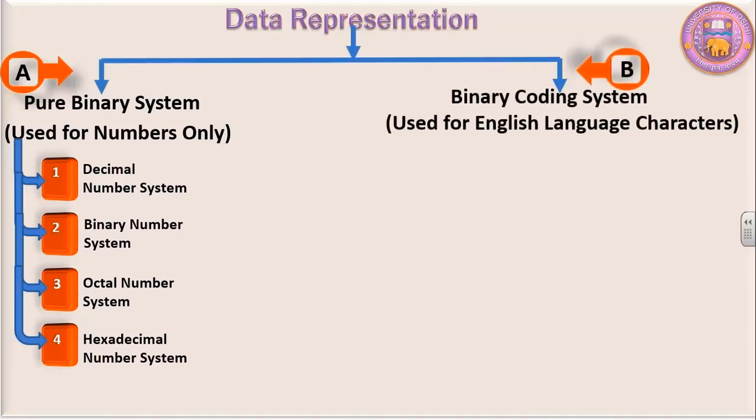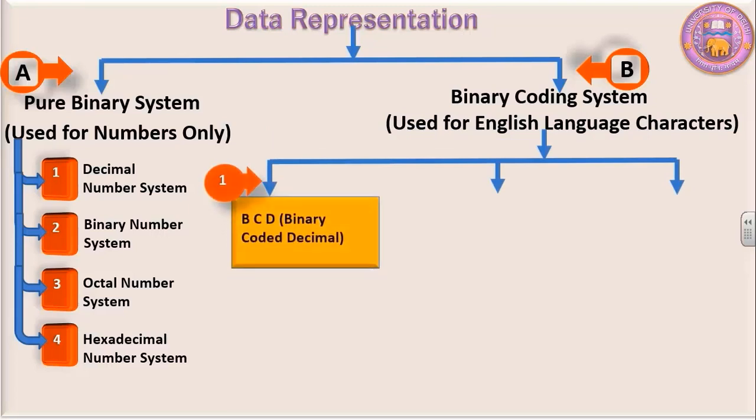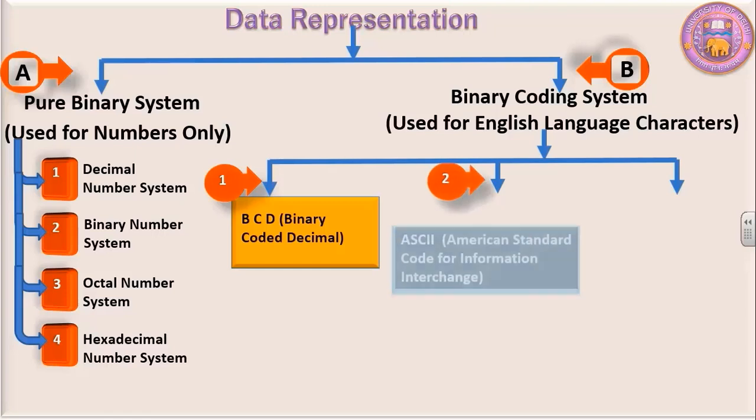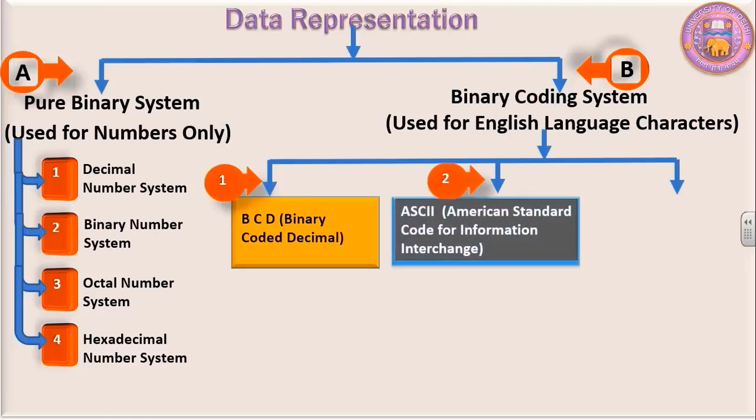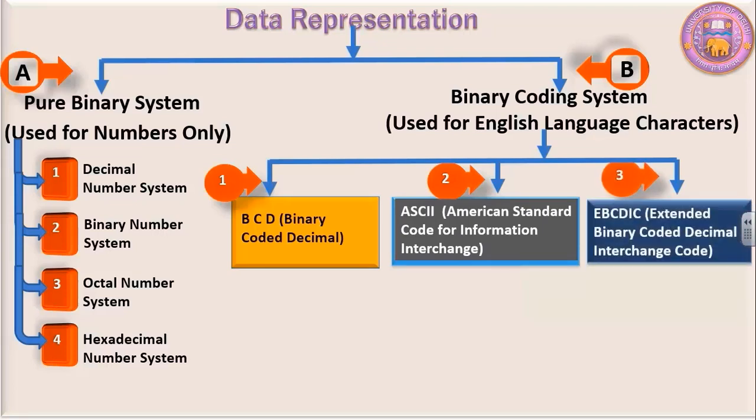On the other hand, we have binary coding system, which is used for English language characters, and it can be divided into three parts. The first one is BCD, Binary Coded Decimal Code. The second one is ASCII, American Standard Code for Information Interchange. The third one is EBCDIC, Extended Binary Coded Decimal Interchange Code.